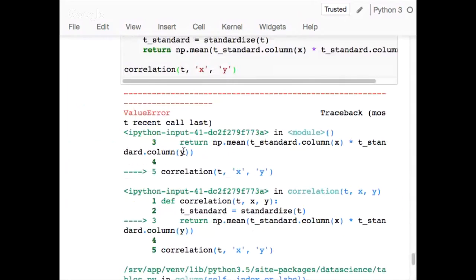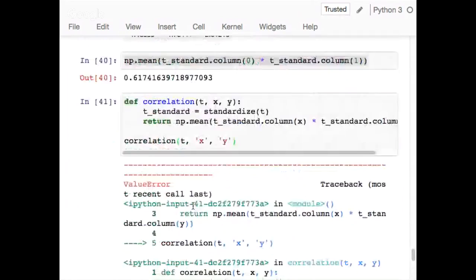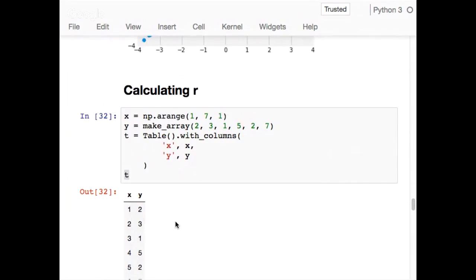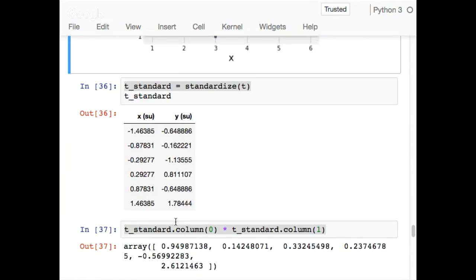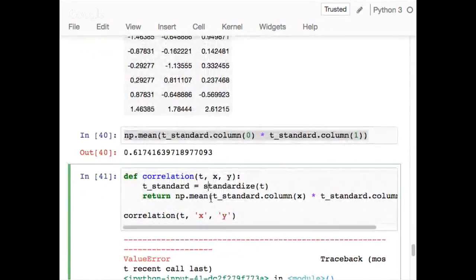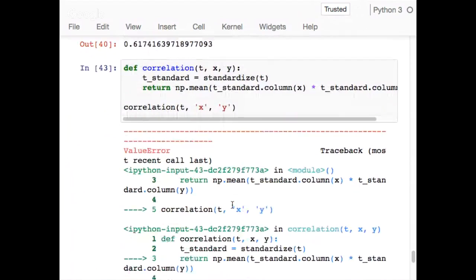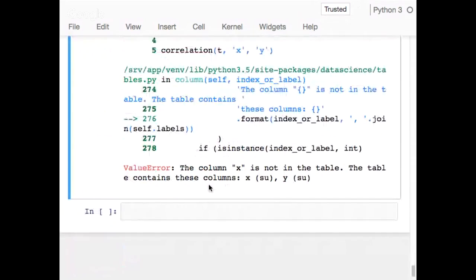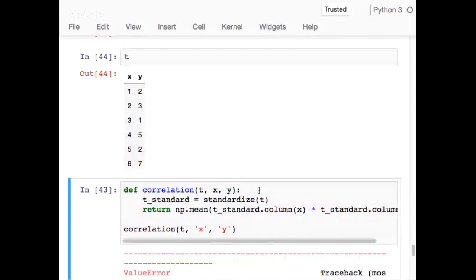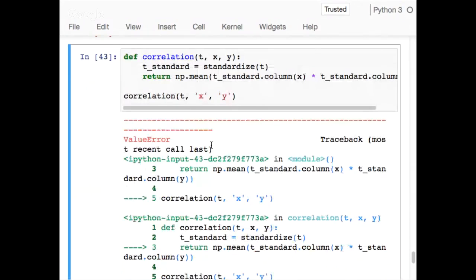So this is just the same thing. Oops, what happened here? T is not in the table. Let's try that again. Nope. Oh, I see.